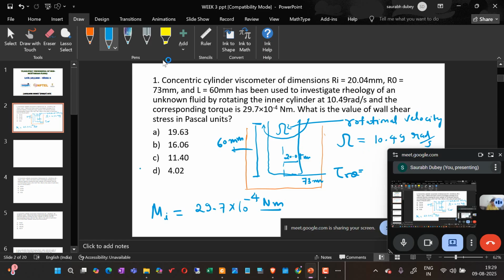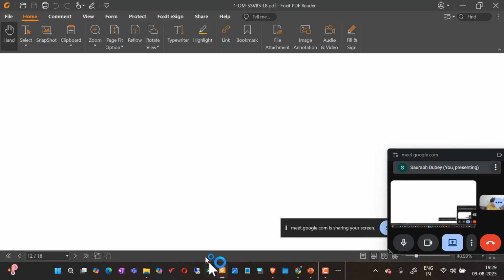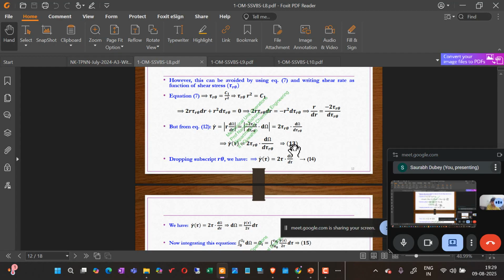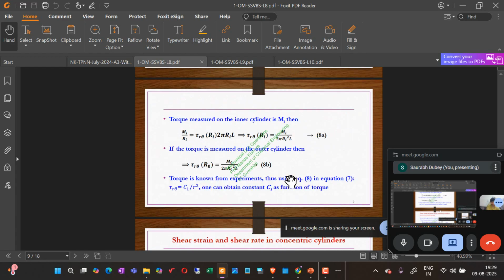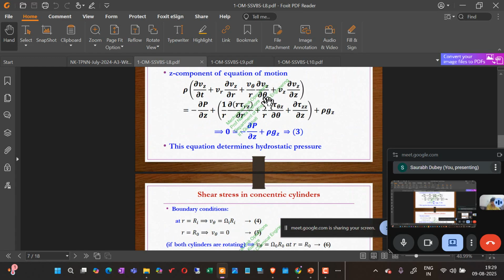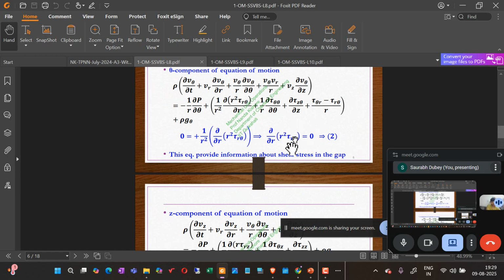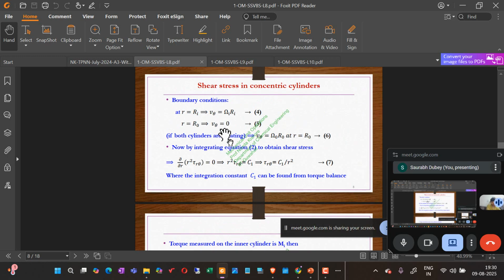So this wall shear stress that we were discussing is this tau r theta.